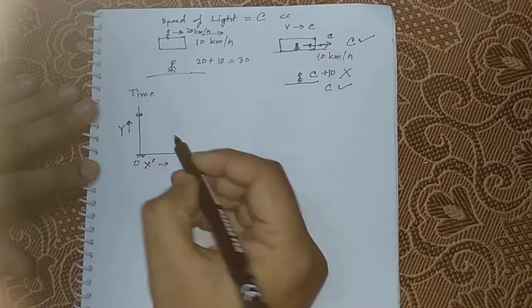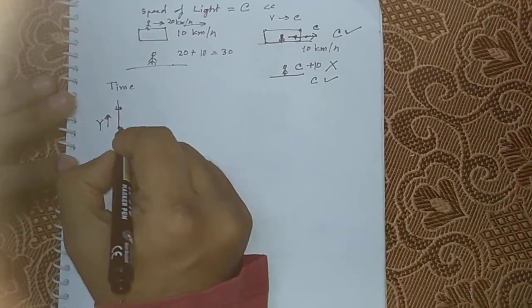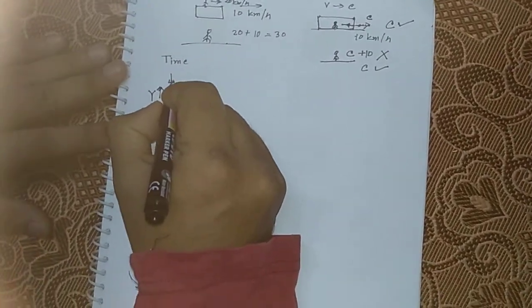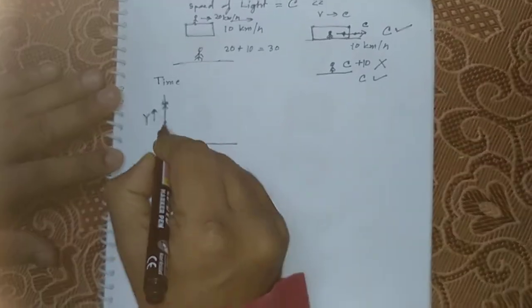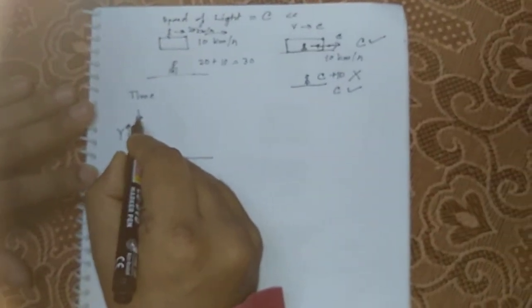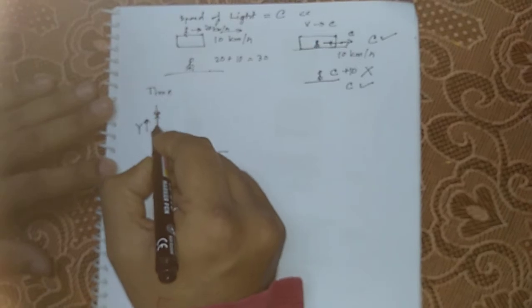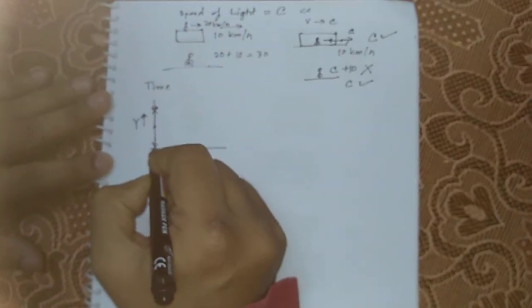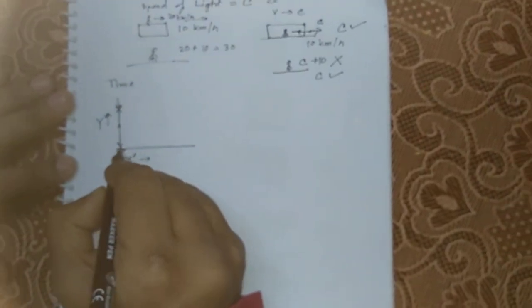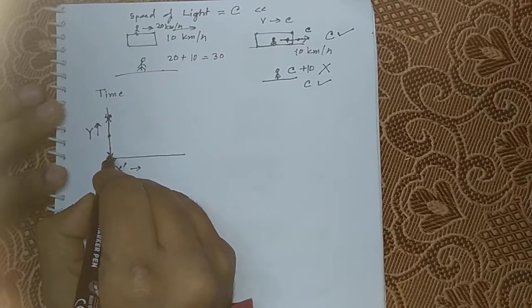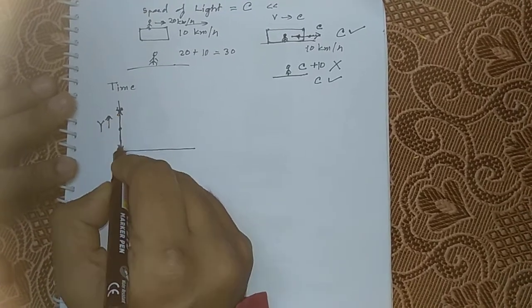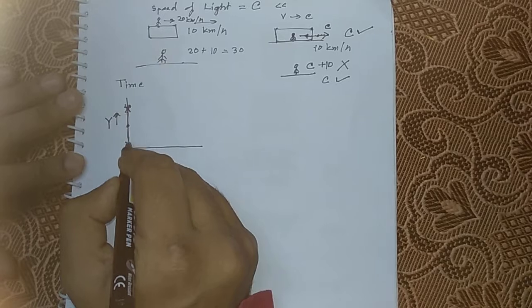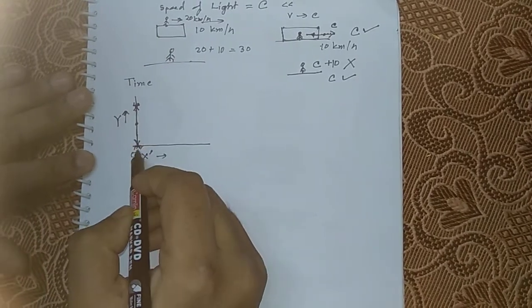A light beam goes in this direction, reflects from the mirror, comes back, reflects from the other mirror again and goes back. It just keeps bouncing, so it's a simple light clock.